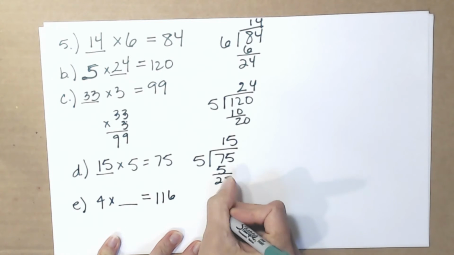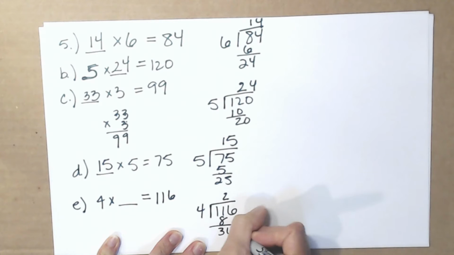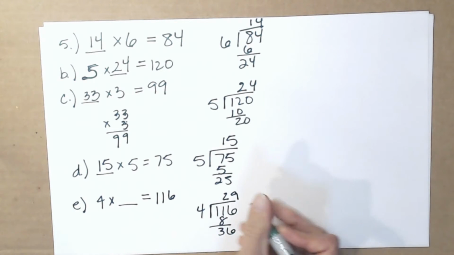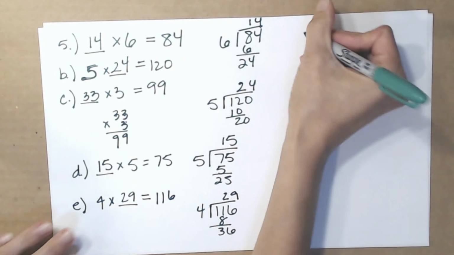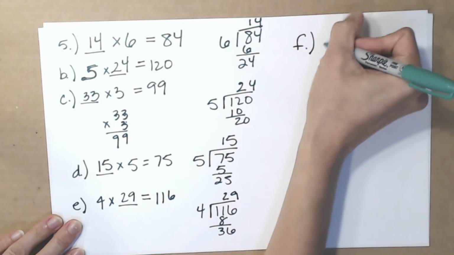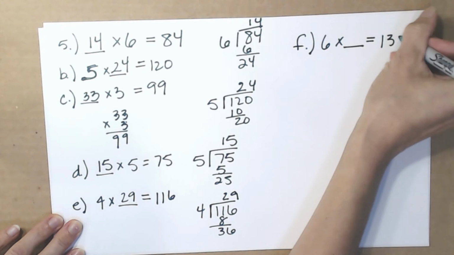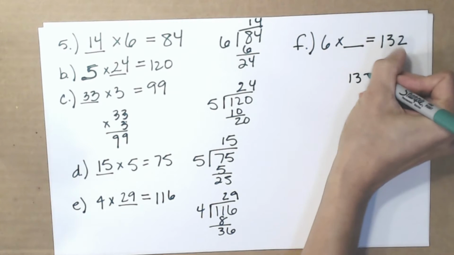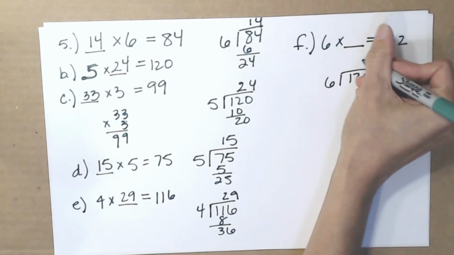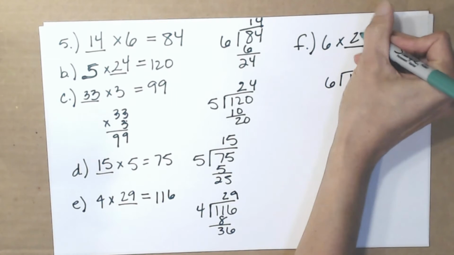I'm going to divide it out. 116 divided by 4. I get 29. And the last one, F. 6 times something equals 132. If you don't know what that is, divide it out. 132 divided by 6. Get 22.